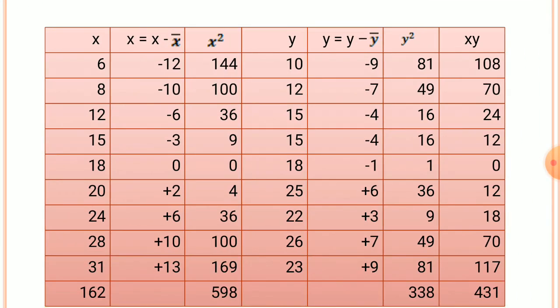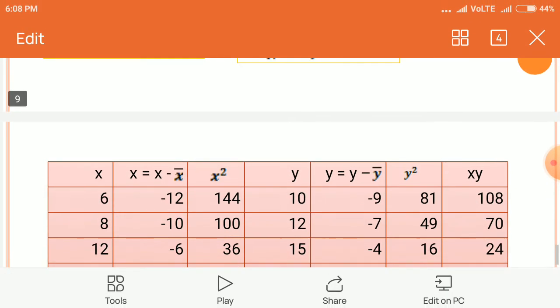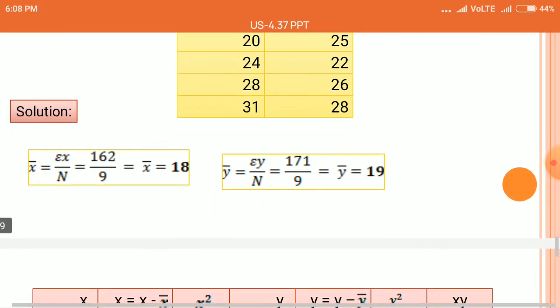Now prepare a table to calculate correlation, and here in the first column we take the x series. Now make the difference of all the given values from x bar. X minus x bar, where x bar is equal to 18.